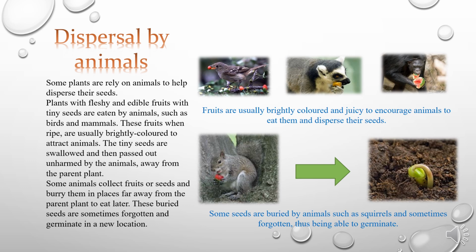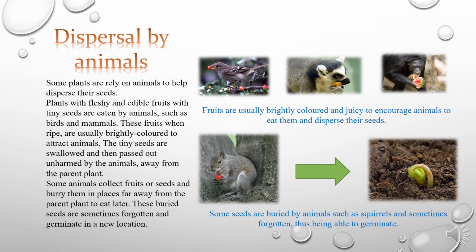These fruits when ripe are usually brightly colored to attract animals. When they swallow it, they swallow the unnoticed tiny seeds, and they are then passed out unharmed by the animal away from the parent plant.